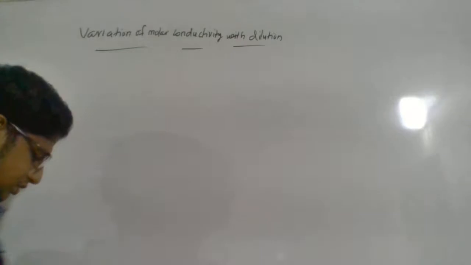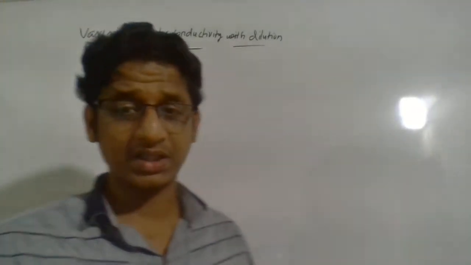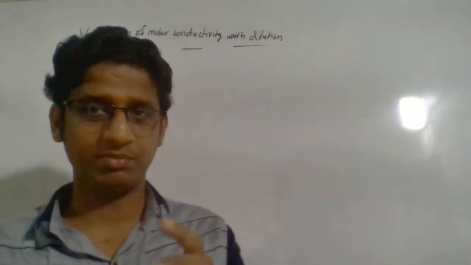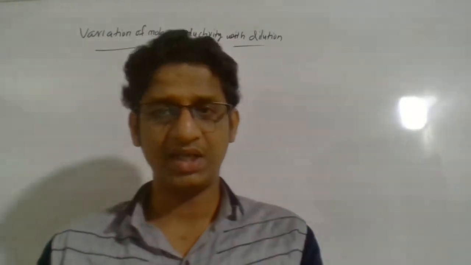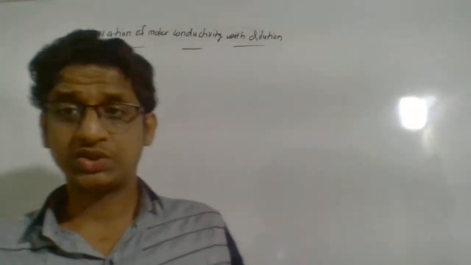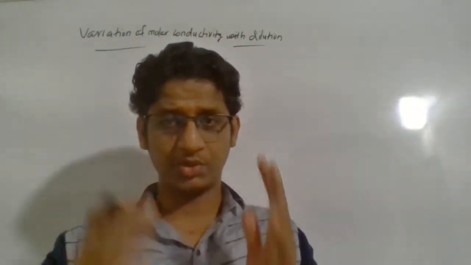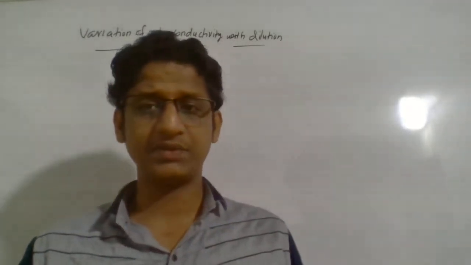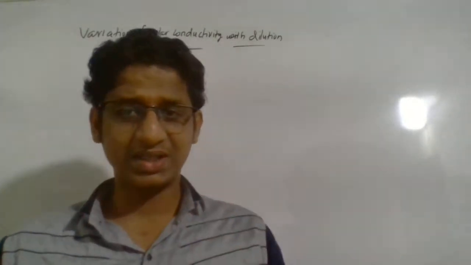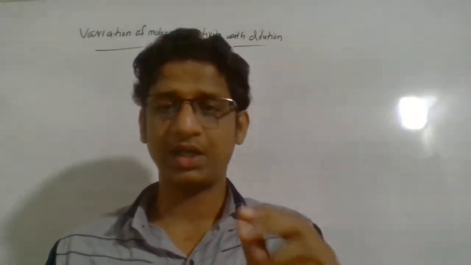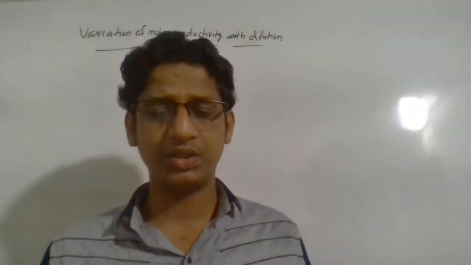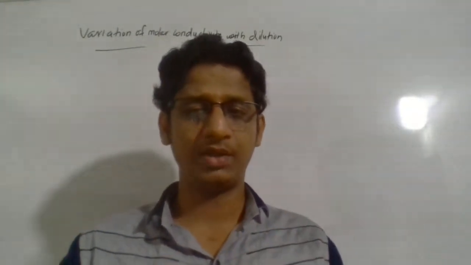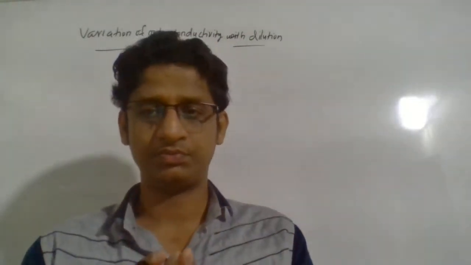Imagine how the molar conductivity, a very important term, varies on dilution. The first point to keep in mind: molar conductivity is related to the conductance of 1 mole of an electrolyte. So the concentration available for the electrolyte is 1 mole.